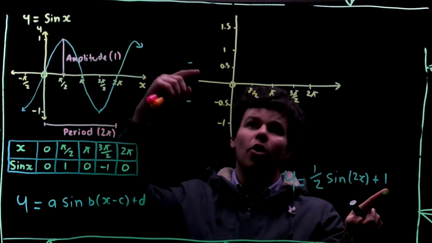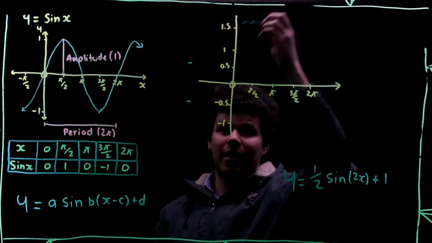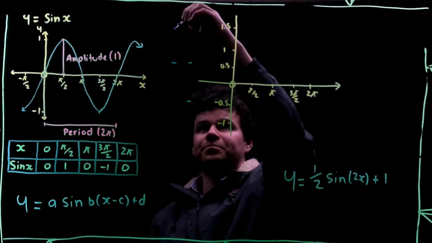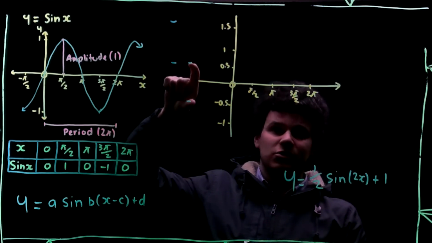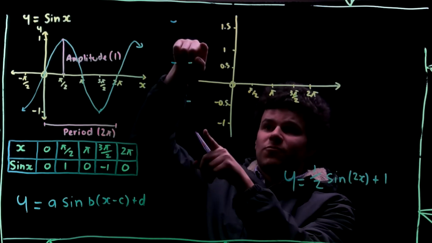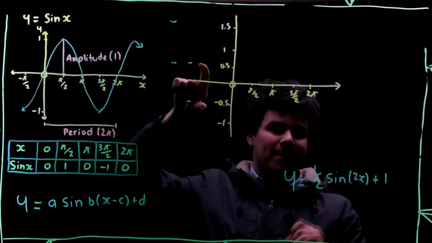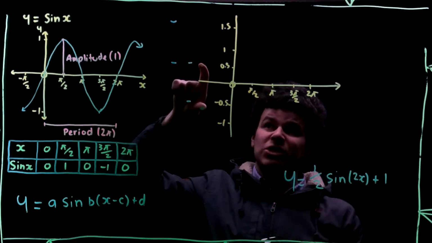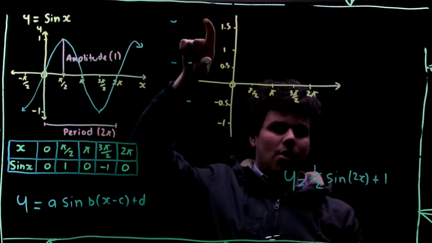So we're going to go from a half up to 1.5. What do I mean by that? We were going to work in this range because of this amplitude, that trimmed us from 1 to negative 1 down to here, but now this plus 1 has shifted us upwards 1.